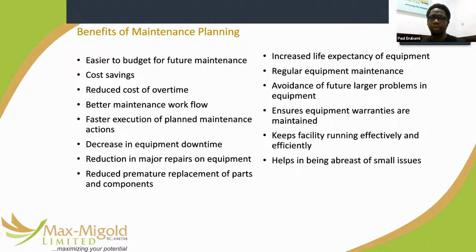And then it ensures equipment warranties are maintained, all right? So most original equipment manufacturers, OEMs, will indicate certain conditions in which, if you meet those conditions, your warranty will be maintained, which means if there's any observation of a defect within a certain period of time, they will come back to either replace the component or replace the entire asset, because that's what the warranty says, right?